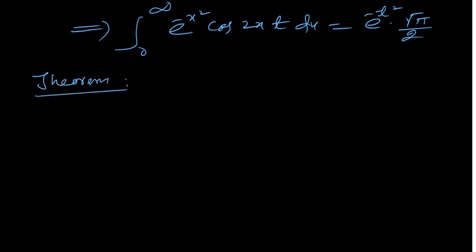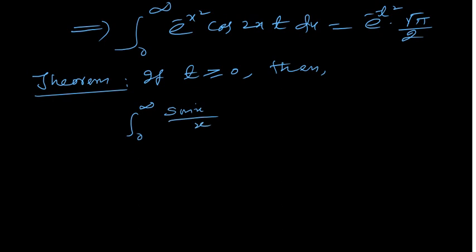If t is greater than or equal to 0, then the integral from 0 to infinity of sin x divided by x, times e power minus xt dx, is equal to pi by 2 minus arc tan t.